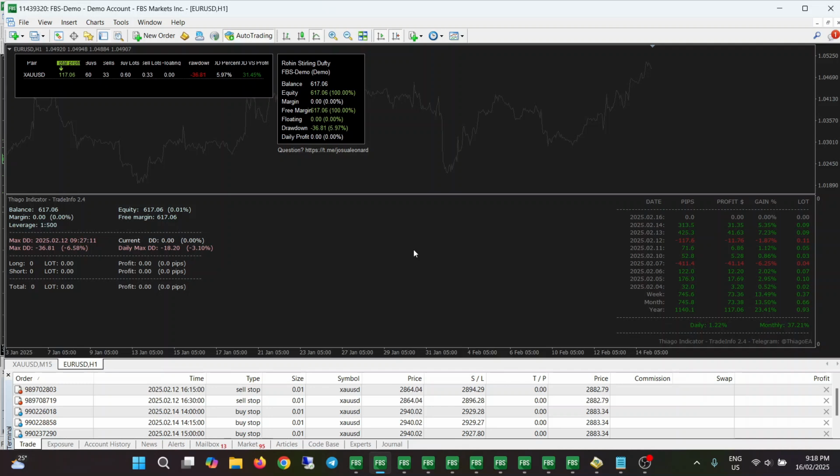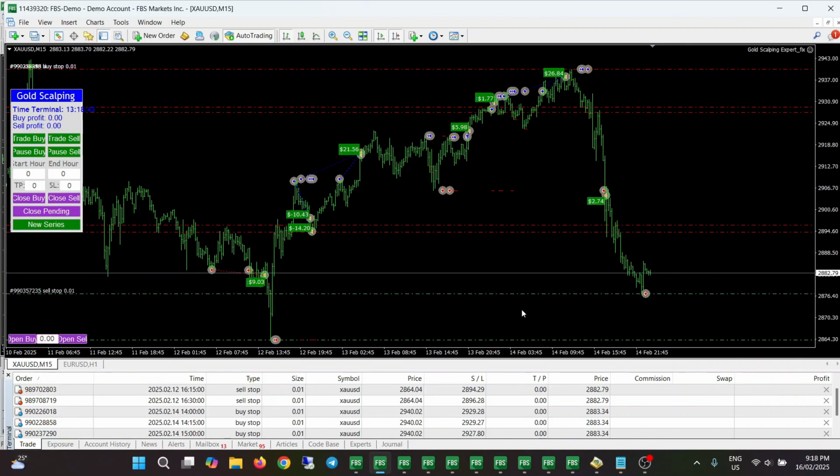So basically it can be profitable, and it looks like we can actually up the risk because we can risk more. So that's my 2 cents with Gold Scalping Expert.